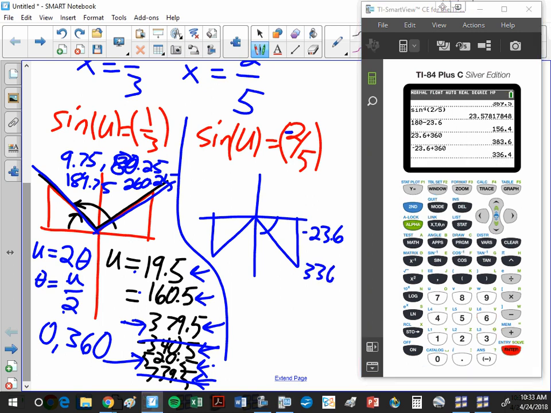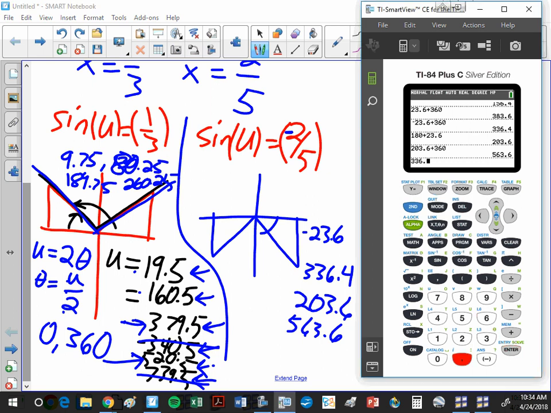is 336.4, or 180 plus 23.6, and that gives you 203.6. Okay, do I need to do any more? 203.6 plus 360 would be 563.6, and 336.4 plus 360 is 696.4.